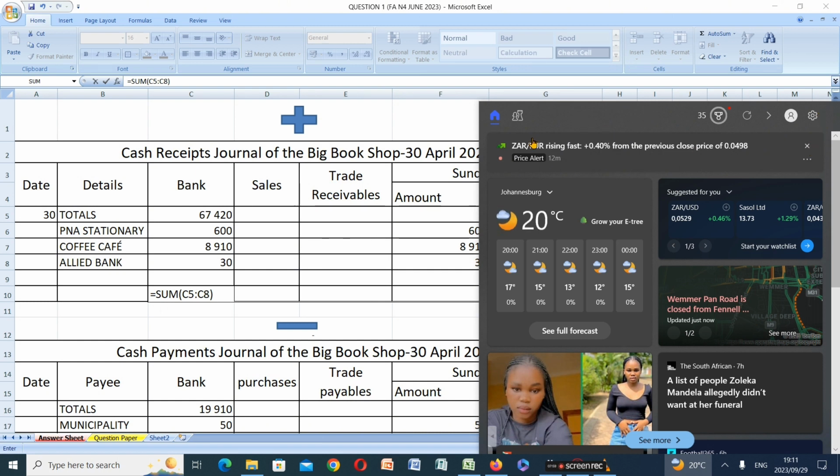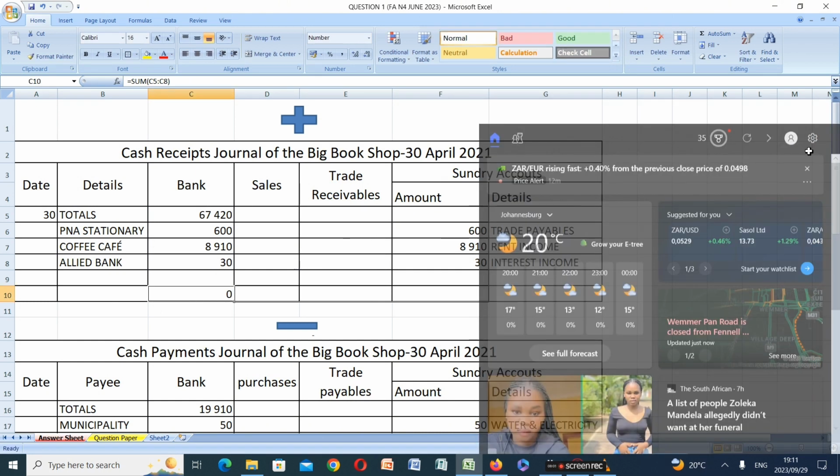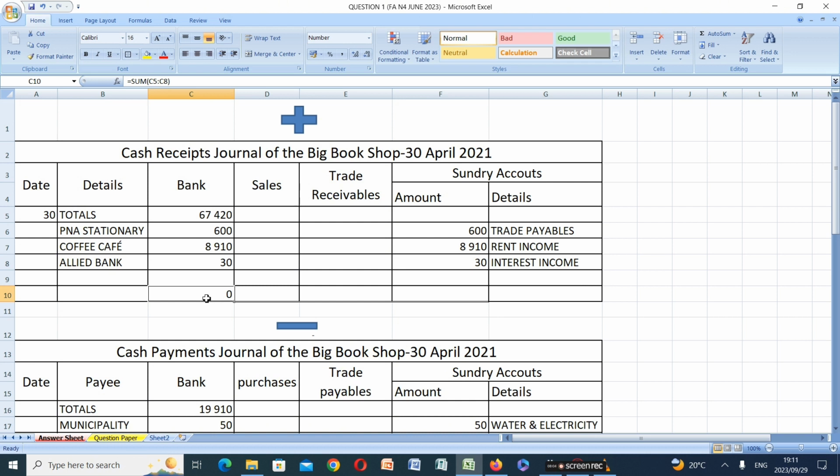This is the sum of everything. When we add everything here, we get this amount.